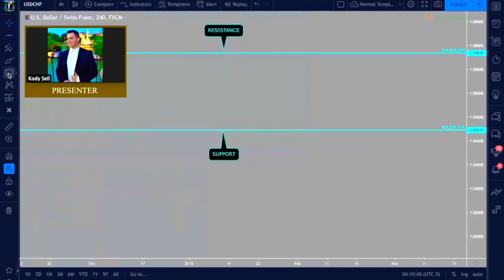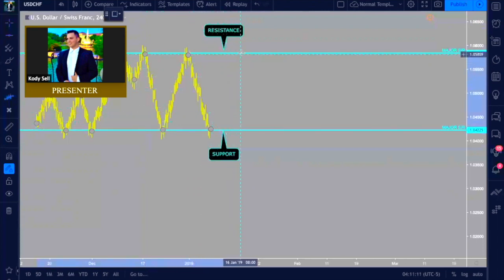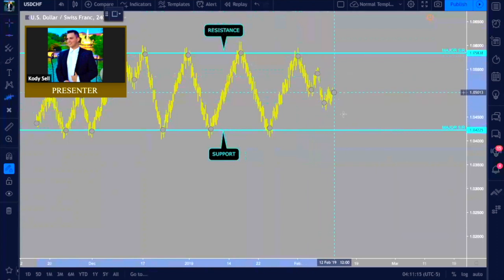Now, when it comes to trading based on support and resistance, there's a couple things that are important to note. So let's first talk about how price moves. If price is in between these two support and resistance levels, we expect that price will be held here at this support, and it will be held here at this resistance, and price will continue to bounce back and forth at these two levels until at some point one of them breaches.